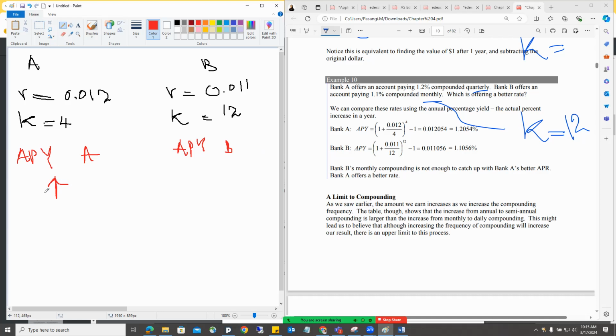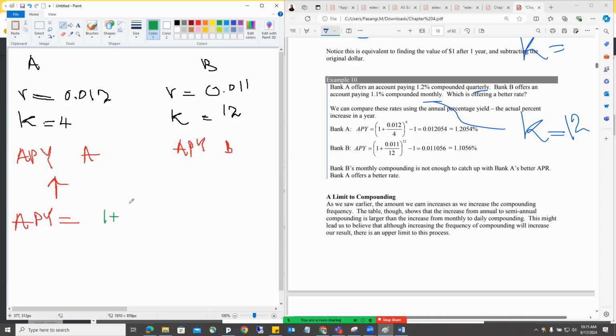How do we calculate the annual percentage yield? Annual percentage yield means per year how much we will be earning, right? So to do that, the annual percentage yield is equal to... What's the equation?